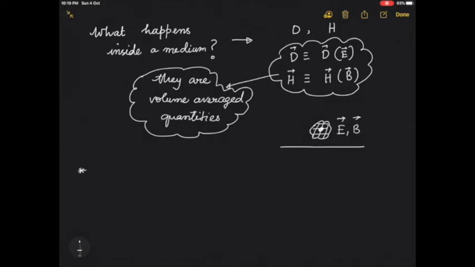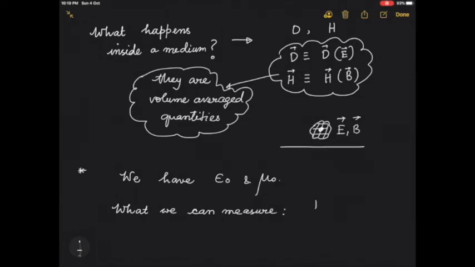For the third point, this may surprise you: we have these two parameters, epsilon naught and mu naught. What we can measure is a combination of them, which is essentially 1 by epsilon naught times mu naught, which, I guess you have done enough electrodynamics to know, is the speed of light squared.